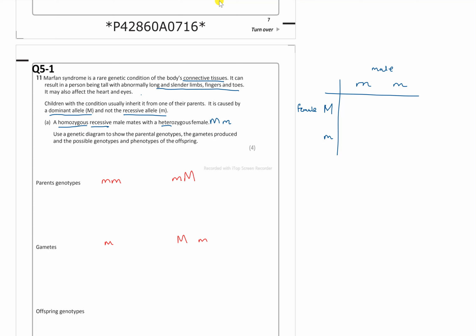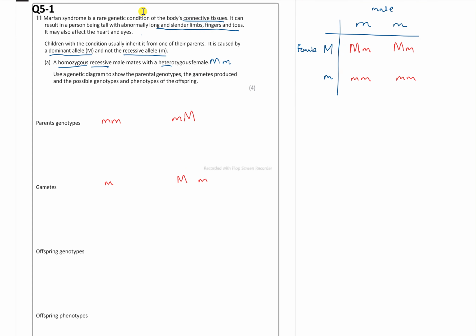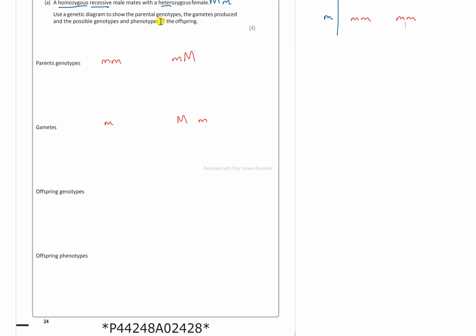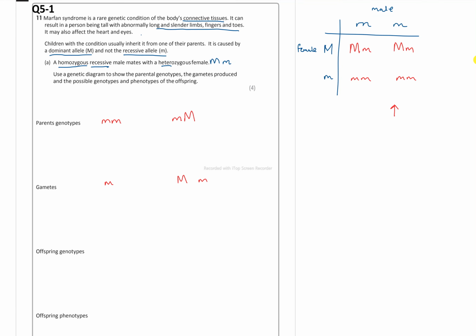The offspring will be big M, little m, big M, little m, little m, little m. Right, so the offspring genotypes will be these four that we had up here in this table. So you're going to get either big M, small m, or two little m's. Now, if you've got one of these big M's, you have the condition.